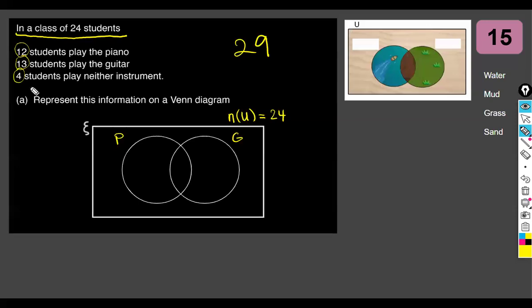Let me explain something about Venn diagrams. There's no rule in Venn diagrams that says if it has a certain amount of students in total, the individual items in the information given have to add up to that. It's perfectly okay for the question to still be legit.